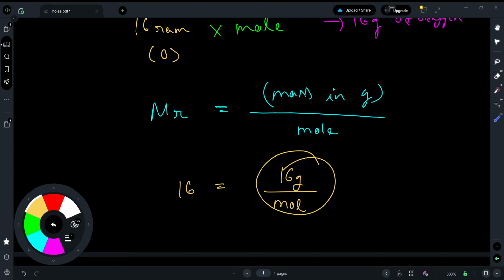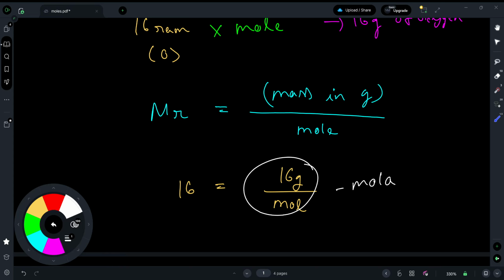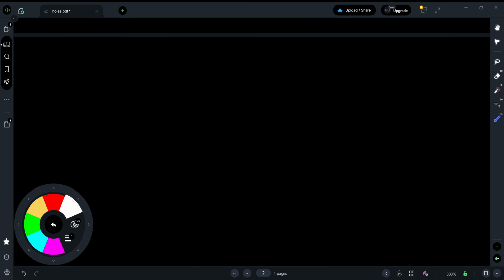So this over here is the molar mass of oxygen. Let's do carbon. Carbon was 12, so 12 relative atomic mass units.